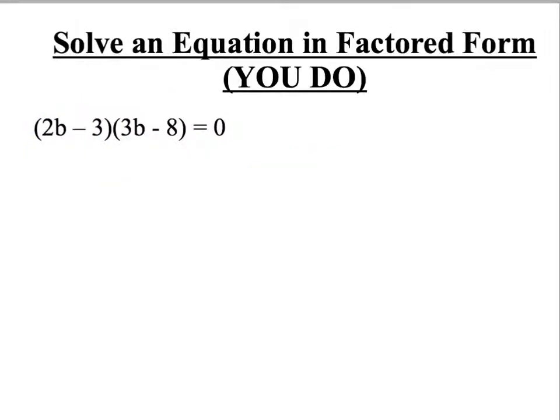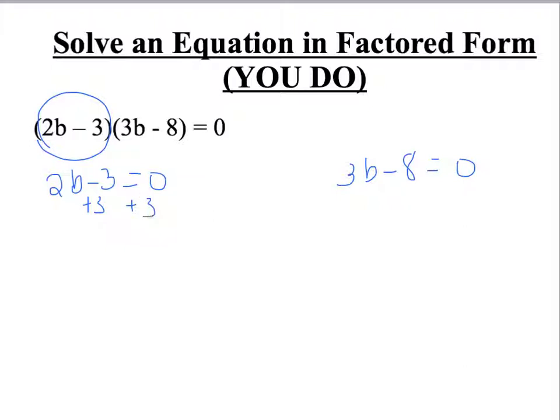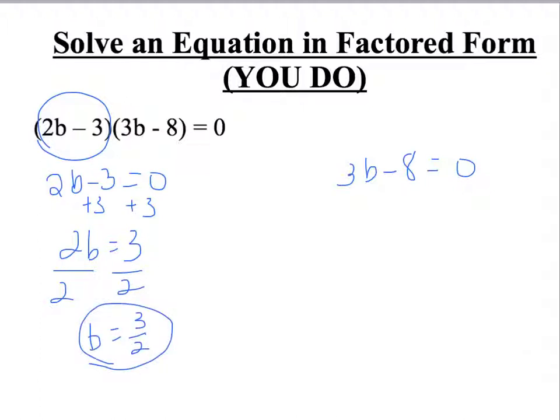Okay, so pause the video for a moment and try this one. What you should have done is set each parenthesis equal to 0. Now I can solve. So I'm going to add 3. So 2b is equal to 3. Divide by 2. So b can be 3 over 2, which is also 1.5.